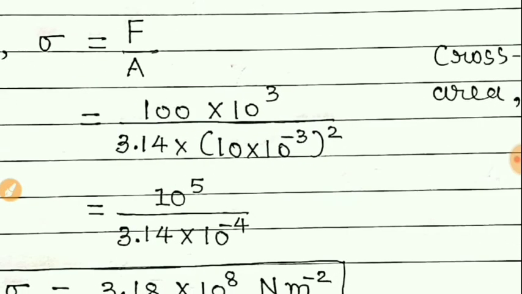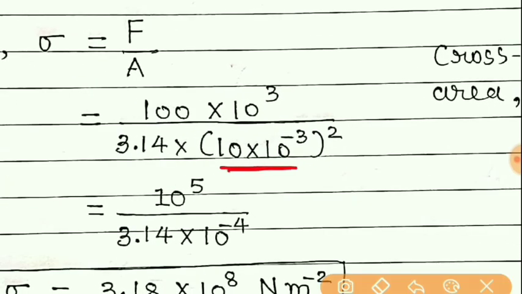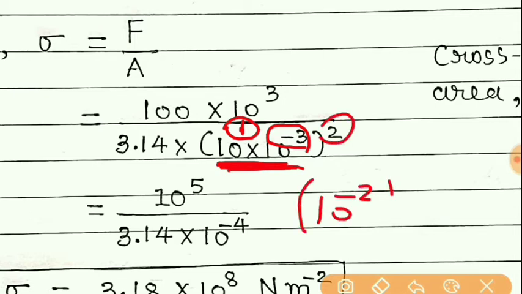Now in the denominator, that is here, 10 into 10 raised to minus 3. Here 10 means it is 10 raised to 1. And power minus 3 and plus 1. So what will we get? 10 raised to minus 2. But there is a square also.